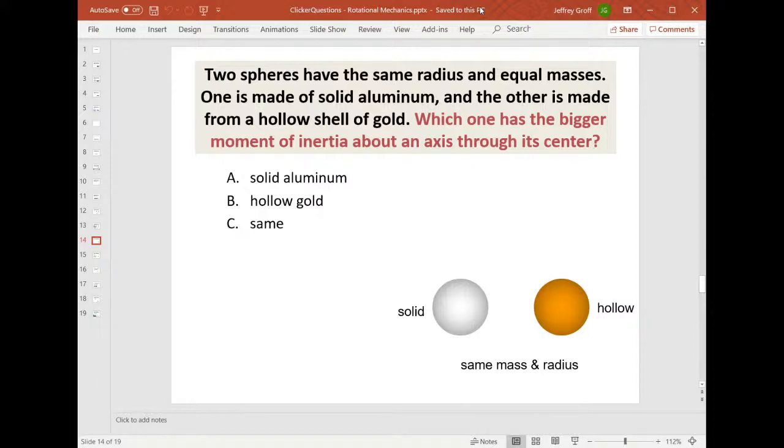Which one has a bigger moment of inertia about an axis through its center? Same mass, same radius, one solid, the other's hollow. Which one has a bigger moment of inertia, a bigger rotational inertia? We talked about this at length a few days ago.